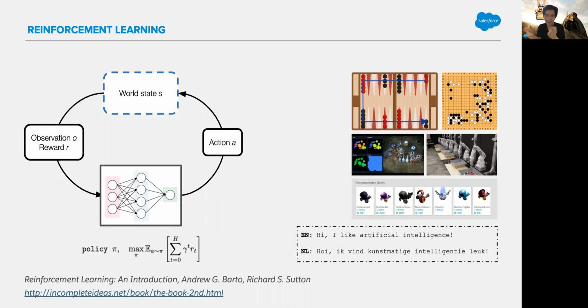This reinforcement learner agent is in this feedback loop where it observes the world state that we will denote by S, and then we have this policy model called pi that is trying to maximize its expected discounted reward over time by executing actions A that will affect the world. So in this loop, this model is going to execute actions, it's going to change the state, then it receives some reward and a new observation, and the loop goes around and around.